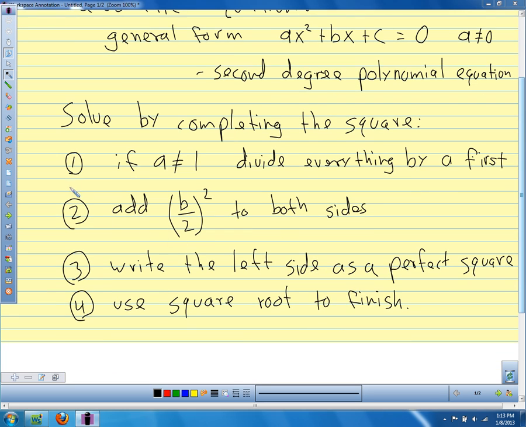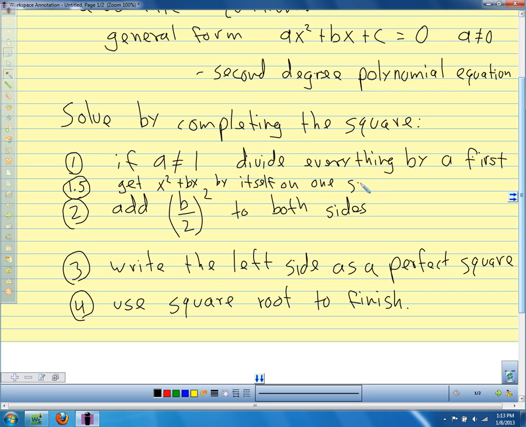I'm going to put it as 1.5. Get x^2 + bx by itself. You don't have to do it that way. It can be easier. You can do it either way.